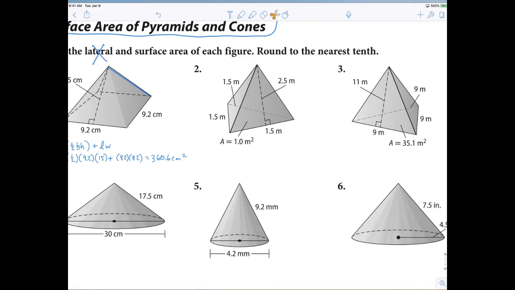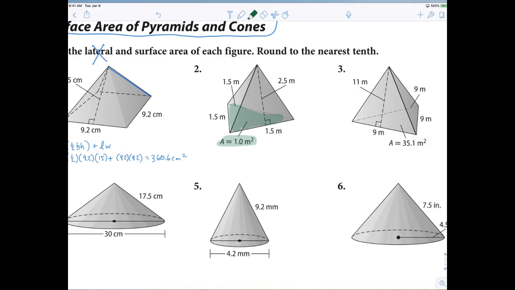I see 4 triangles just because the base is also a triangle. Let me highlight that to make sure you see the base is a triangle. Do you agree? Now look what this is right here. What does that say? Area of the base. That's what that's referring to. So do I even have to find the area of the base? No.